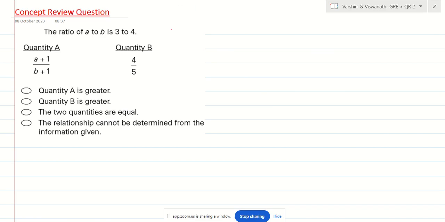Very nice. See here, what is given is a upon b equals 3 upon 4. So I must write it this way: a equals 3x and b equals 4x. I can equate with the multiplier; without the multiplier, I can't equate. So the quantity a plus 1 means 3x plus 1, divided by 4x plus 1.